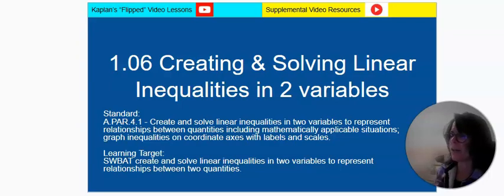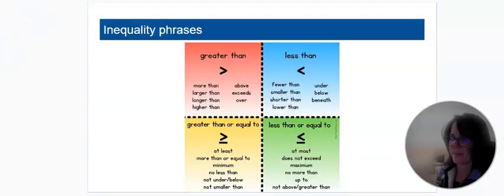Today's lesson is on creating and solving linear inequalities in two variables. I want to make sure that you're familiar with the phrases that indicate the different inequality symbols, because you're going to need to get familiar and use these to translate. So when we translate a word problem into a mathematical equation or inequality, we have to make sure we use the right symbols.